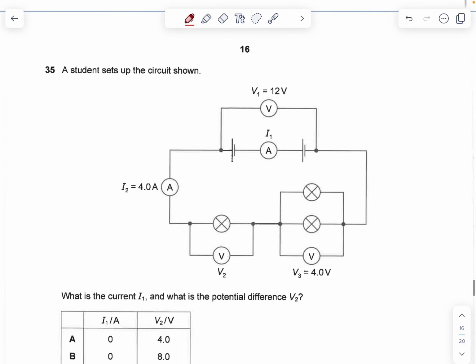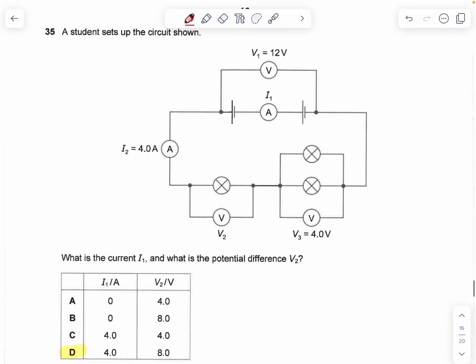Next, question 35. The student sets up the circuit as shown. EMF is 12 volts. There's an ammeter here, so we measure I1. There's an ammeter here, which measures I2. We know that I1 and I2 follow the same path, so I1 should equal I2, which equals 4.0 ampere.